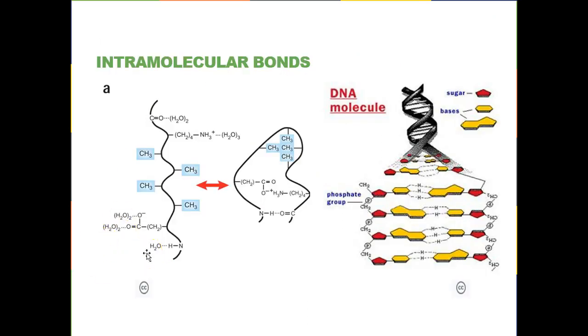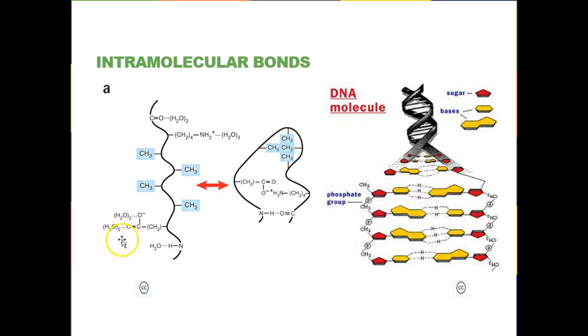This is an example of intramolecular bonds, or hydrogen bonds taking place in between two different parts of a very big molecule. So this is supposed to be a peptide chain or a protein. It's a long string of amino acids. Here you have a positive charge up here. Here you have a negative charge down there.